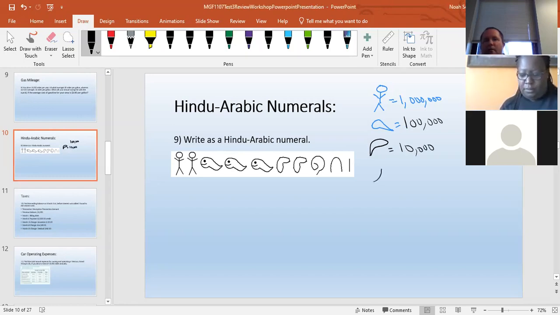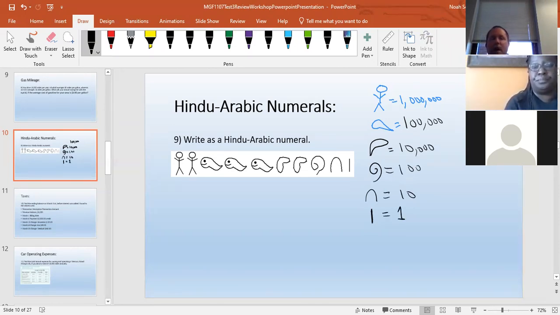And then the spirals are 100. The heel bone is 10, and the vertical lines are 1.